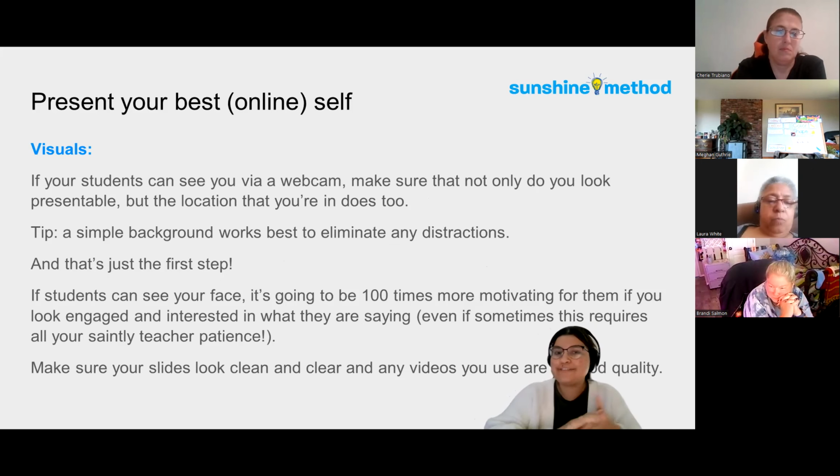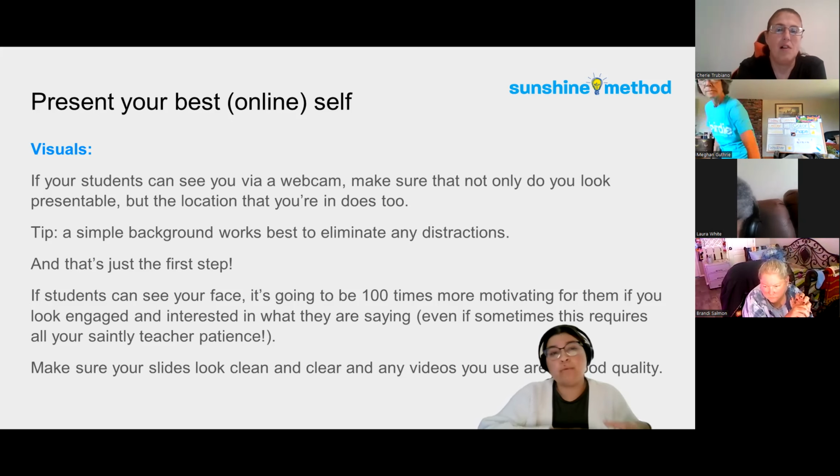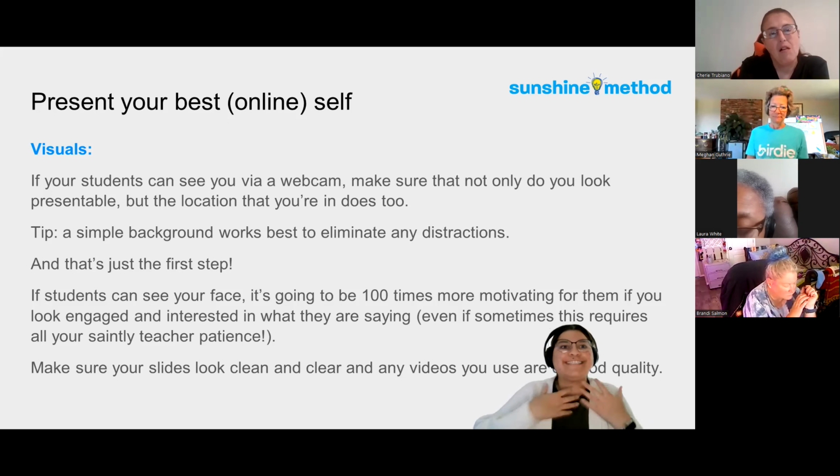So first things first, just have your webcam open, engage with the camera, almost like you're looking at them in the eye. Another really good thing is to make sure any of the slides or videos that you use are clear, that they're able to see it. It's just going to be more motivating for them to actually be able to see a person.